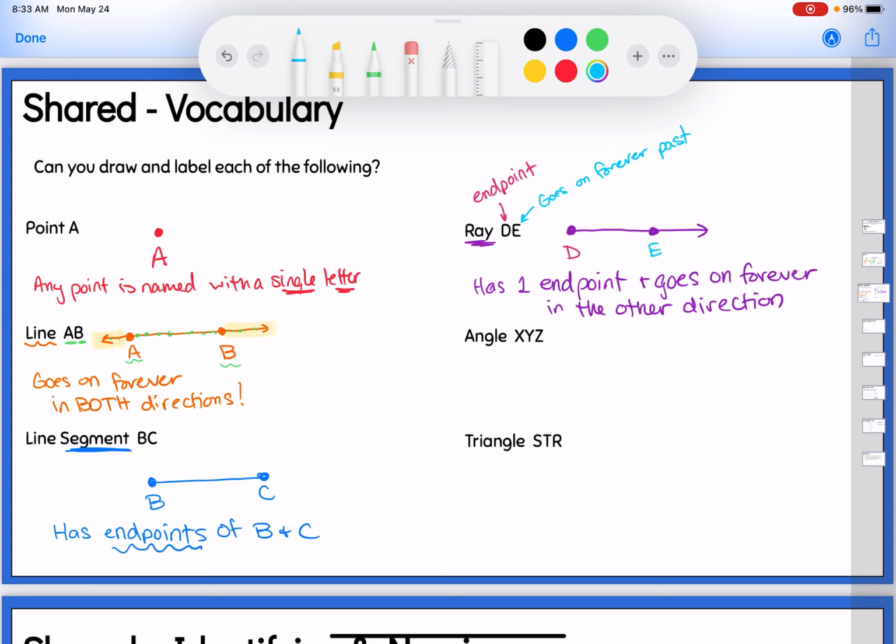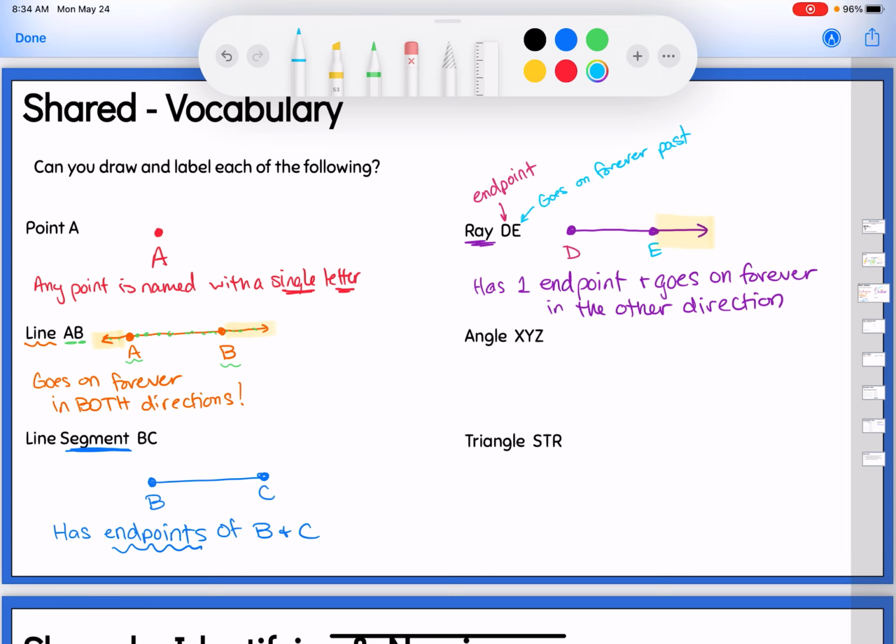Okay? So it has to go that way. When it says ray DE, D is the end point. E is the direction that it goes on forever. So it goes on past E, but D has the end point. So that's a tricky one. Lots of details going into that. Now this might seem like, oh, who cares? But it will make a difference that you are very specific with your little details like that.